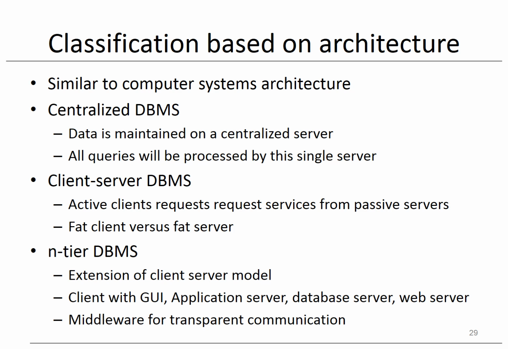The N-tier DBMS architecture is a straightforward extension of the client-server architecture. A popular example is a client with the GUI functionality, an application server with the various applications, a database server with the DBMS and database, and a web server for the web-based access. The communication between these various servers is then handled by middleware.